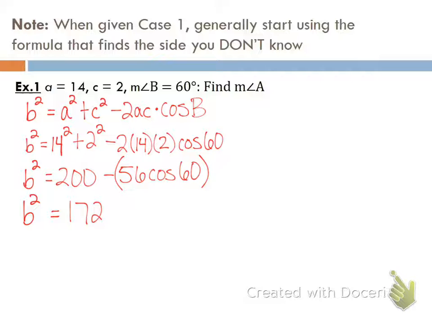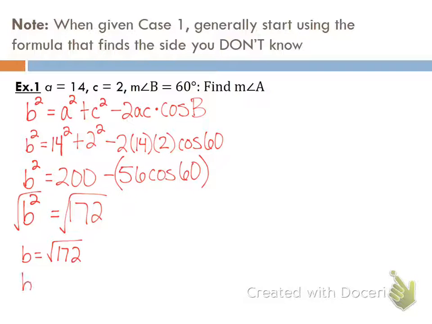To get b all alone, of course, we need to square root. Now, on these problems, remember, I don't want to round until we get to the very end. So I would leave b as the square root of 172. Or, if you really want to simplify it, you can.